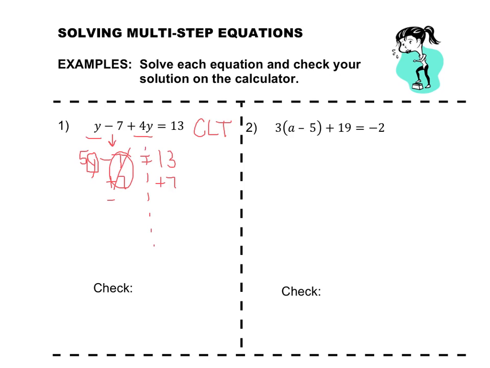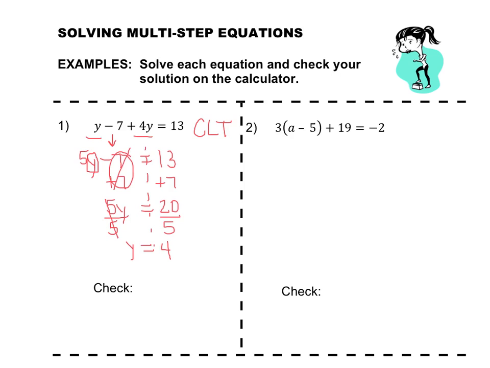So then we have 5y equals 13 plus 7 is 20. Then because it's 5 times y, we're going to divide both sides by 5, which cancels to give us 1. So we have 1y equals 20 divided by 5, which is 4.